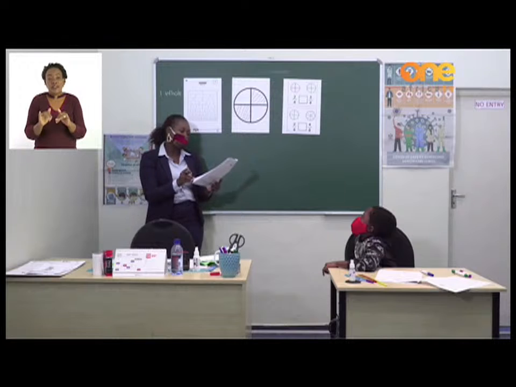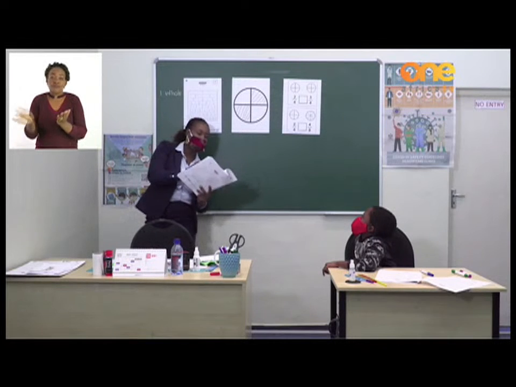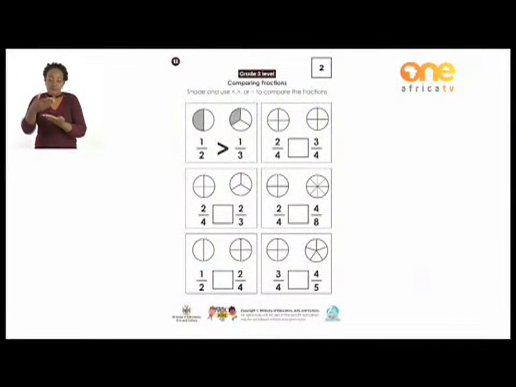Now, let's move on to page 12, where we are going to do a comparison of fractions, grade 3s, or we say we are going to compare fractions using greater than, less than, or equal to.